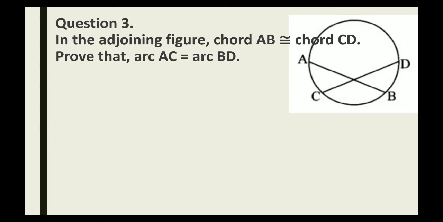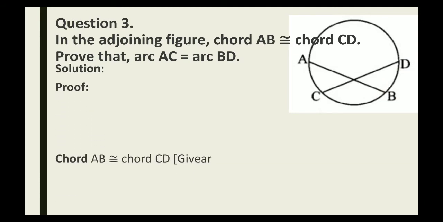Now question number 3, children. In the adjoining figure, chord AB and chord CD are congruent. Prove that arc AC is congruent to arc BD.